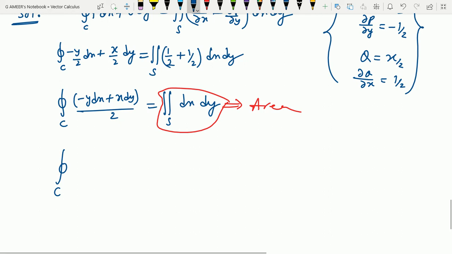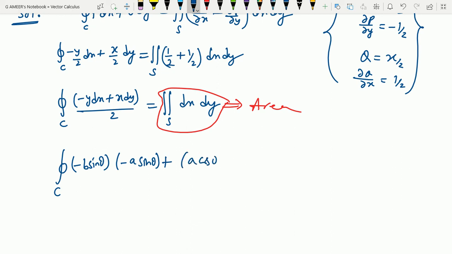So y value will be b sin theta, that is minus b sin theta, so dx value will be minus a sin theta, plus x value will be a cos theta, dy value will be b cos theta, whole divided by 2 will be equal to area.